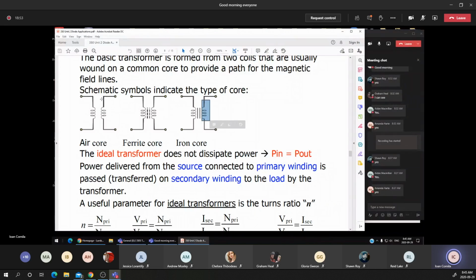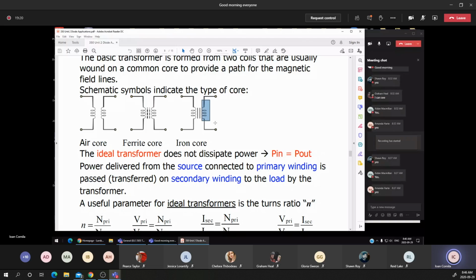I have the primary winding and the secondary winding. The transformer does not have an electrical connection between the primary winding and the secondary winding. The energy is actually passed on to the secondary winding or to the load through the magnetic field that is created in the primary winding.